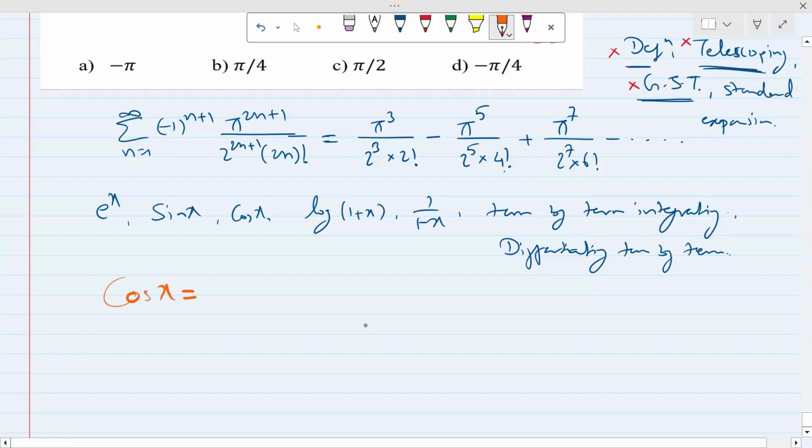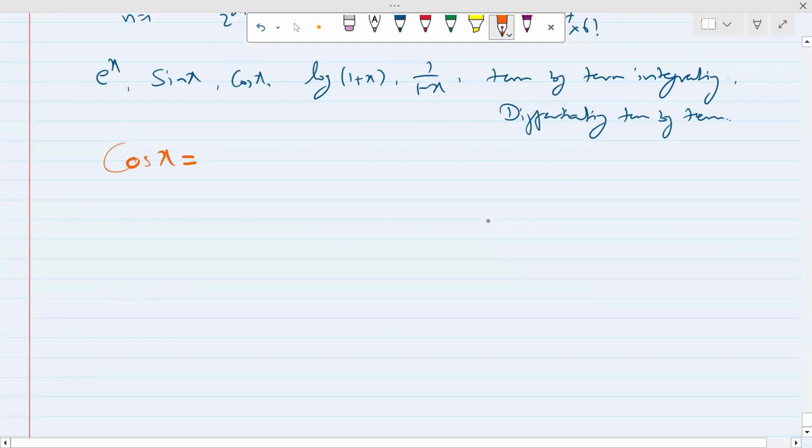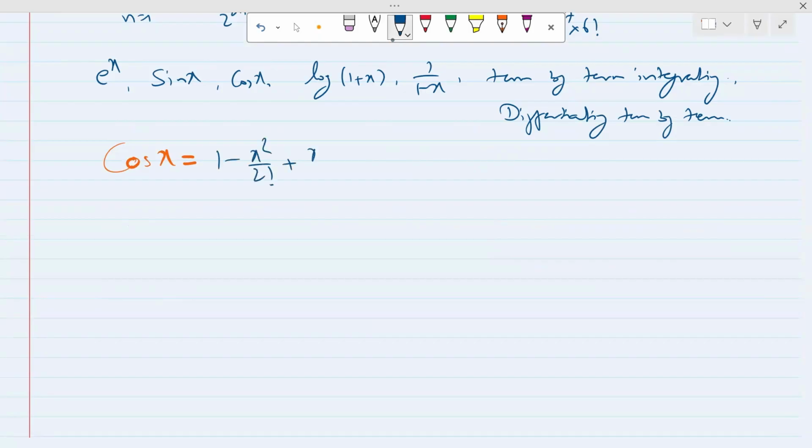What is cos x? Anybody knows the expansion for cos x? 1 minus x square by 2 factorial plus x to the power 4 by 4 factorial, and it goes on like that. Very good. All even powers.